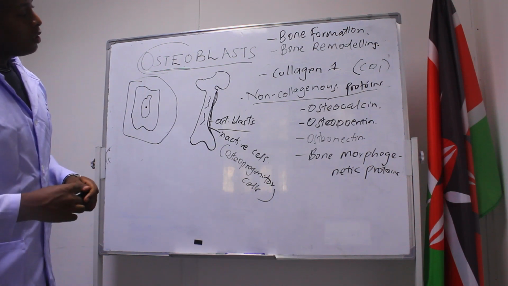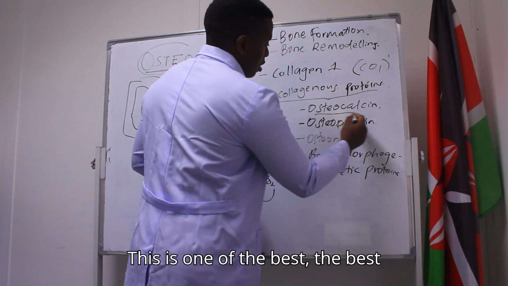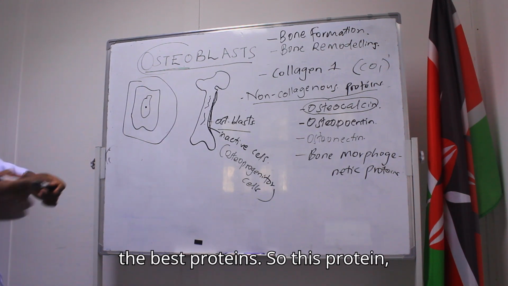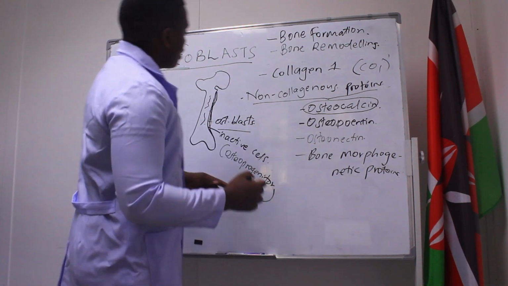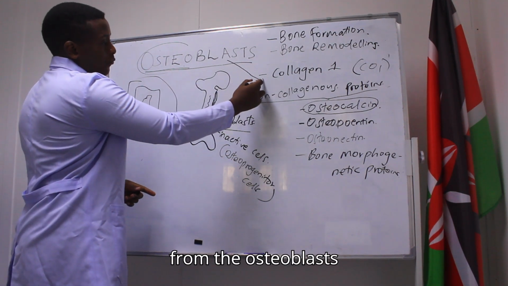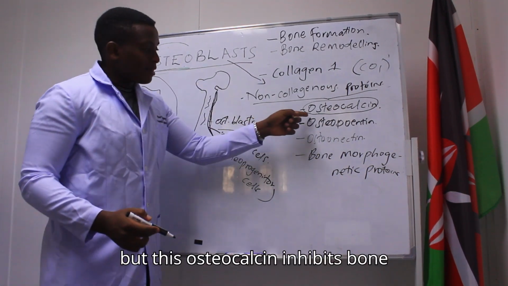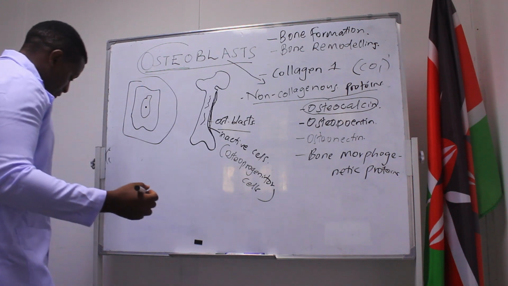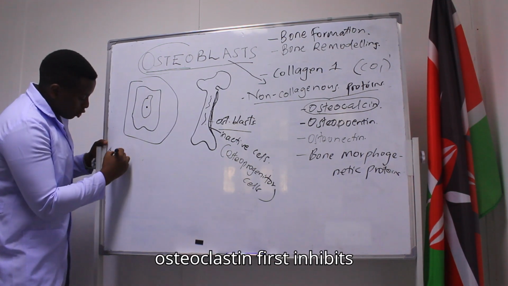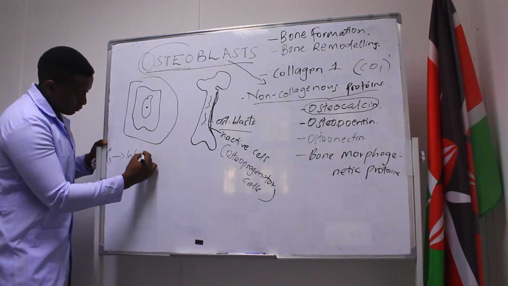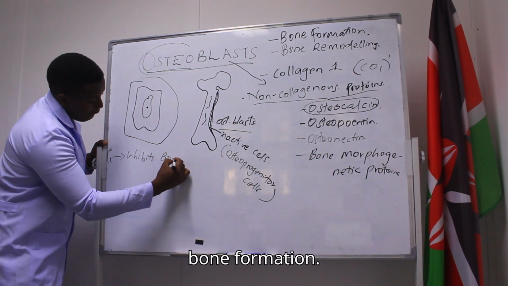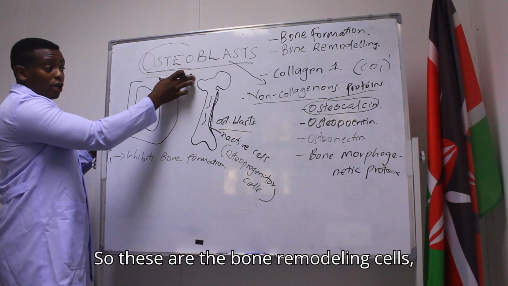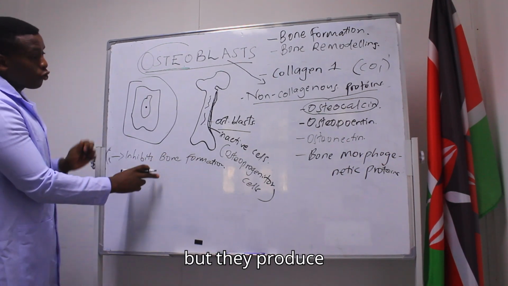So let us talk about this mighty protein, one of the best proteins. It is secreted from the osteoblasts, but osteocalcin inhibits bone formation. It is more of a theory. So these are the bone remodeling cells, but they produce osteocalcin.